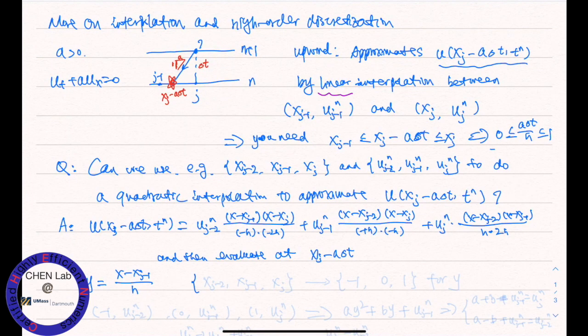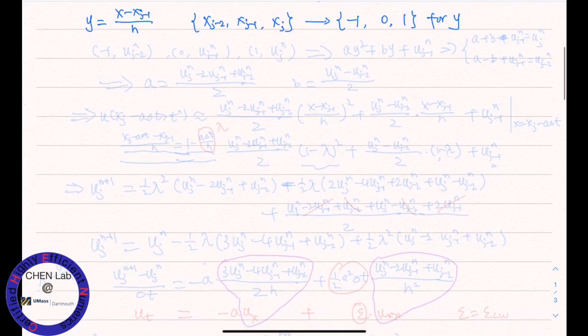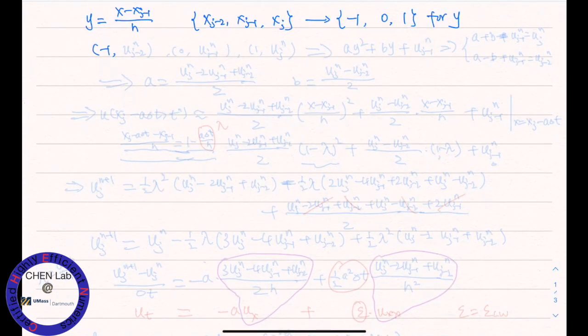For xj minus 2, xj minus 1, xj, if you plug in xj minus 2, you get y is negative 1. So negative 1, 0, and 1 for y. Let's do the trick. Then you have function values: at negative 1, you get uj minus 2, at 0, you get uj minus 1, and at 1, you get uj n.